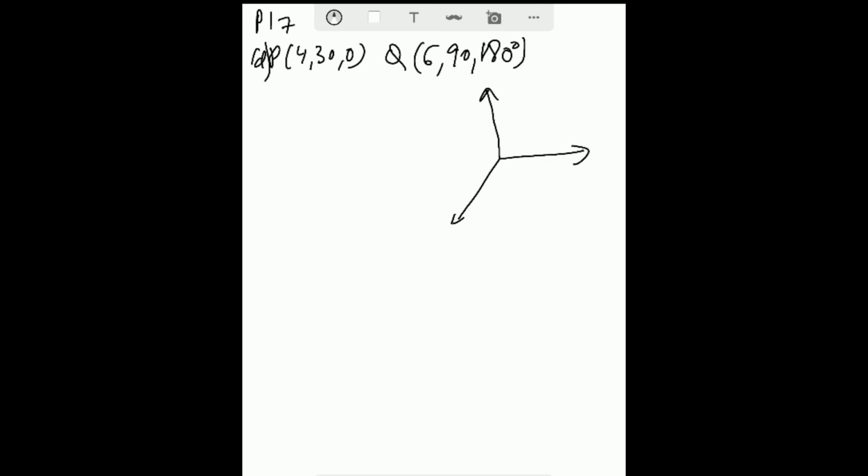So let us look at these 2 points. For P, 4 outside and 30 degrees, and 0 around phi, so we need to go 4 and then 30 degrees.